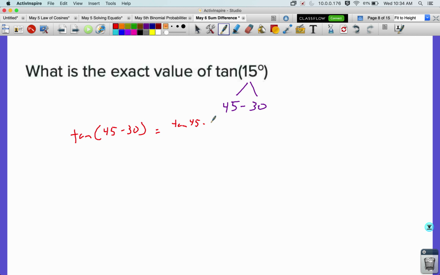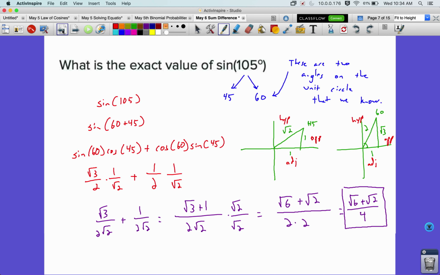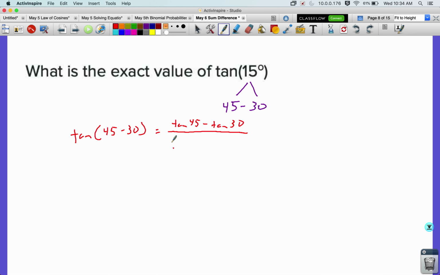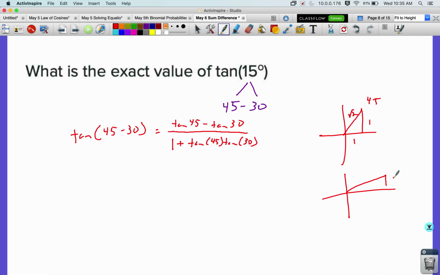Tangent 45 minus tangent of 30 over 1, and then here we see that symbol, so this was a minus, so this is going to flip to be a plus. 1 plus tan A tan B. 1 plus tangent 45 tangent 30. All right, let's draw a 45 and a 30.